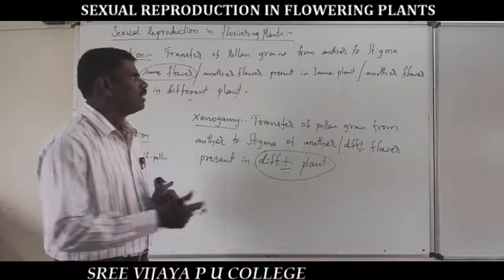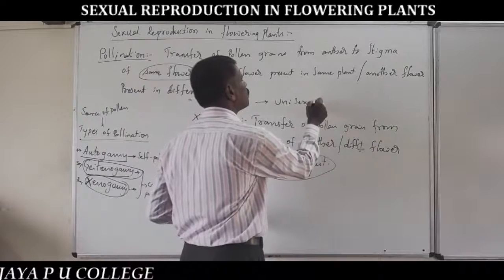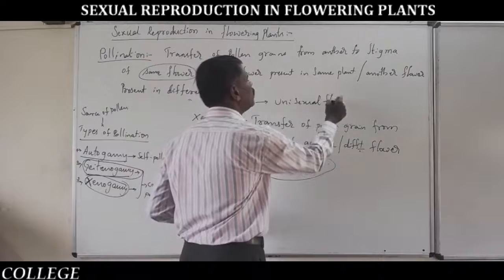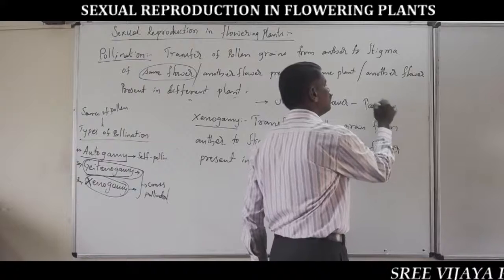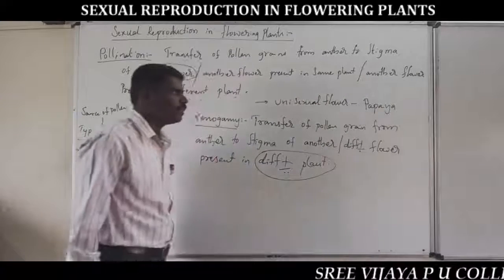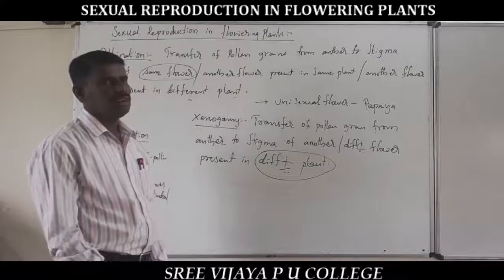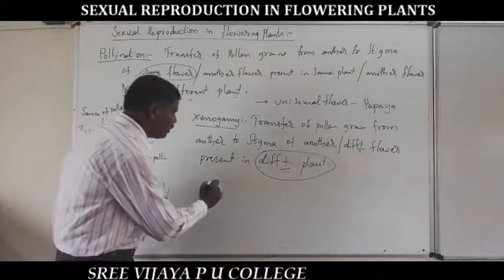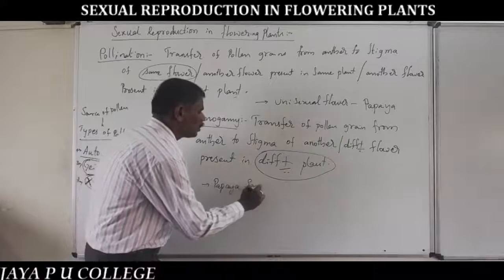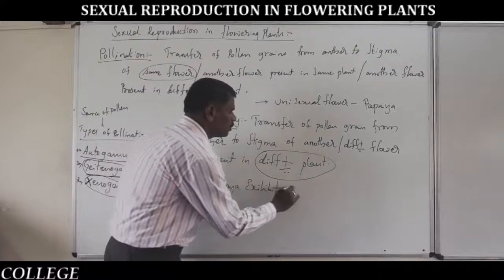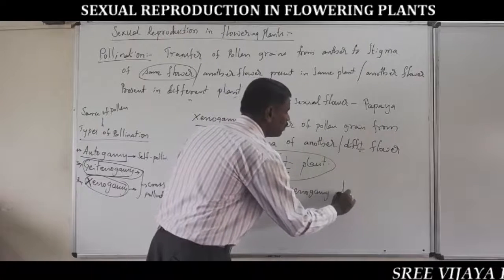For example, plants which produce unisexual flowers, such as papaya, which produces flowers of either male or female. So papaya exhibits xenogamy. Why?